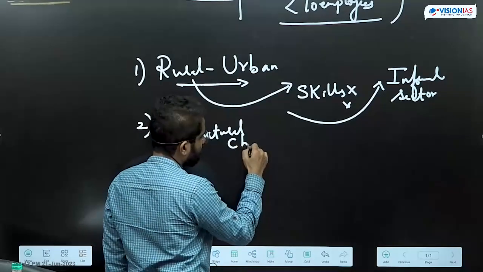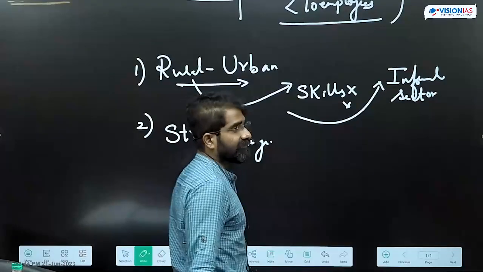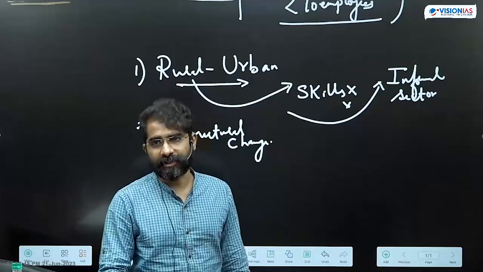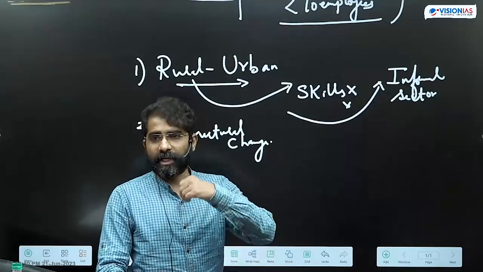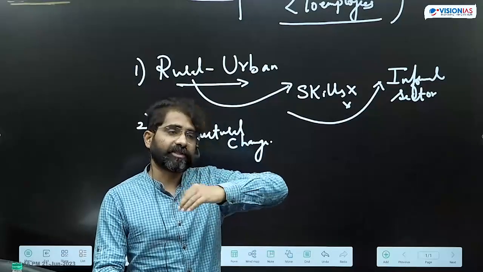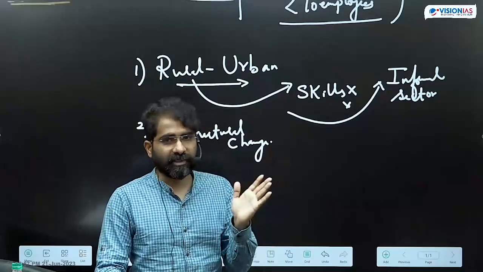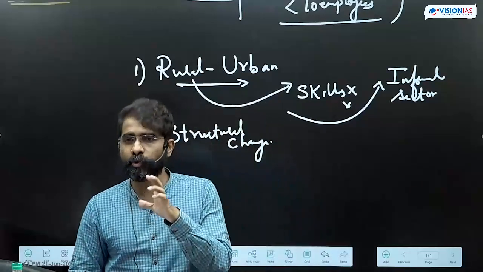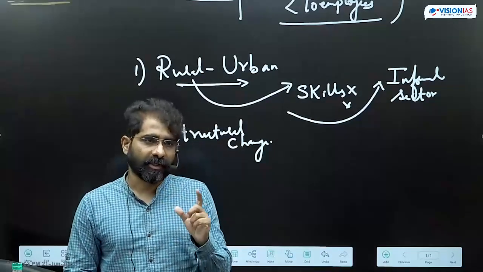Another important aspect is that globalization has led to structural change in the economy. Earlier, 70% of GDP was coming from agriculture or the primary sector. Now after LPG reforms, today around 54% of the output is coming from the services sector, and the services sector contributes around 32% of employment.